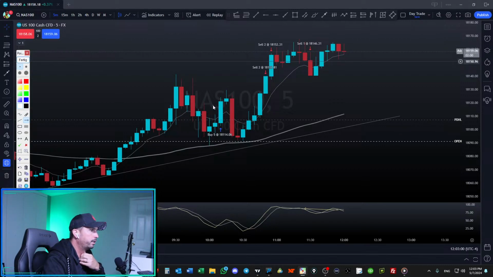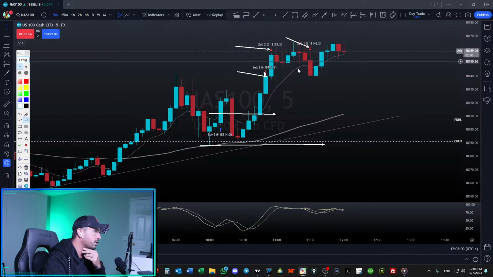We enter here. Stop loss was here. First target, second target, and this one took us out on the stop gain, like right here.